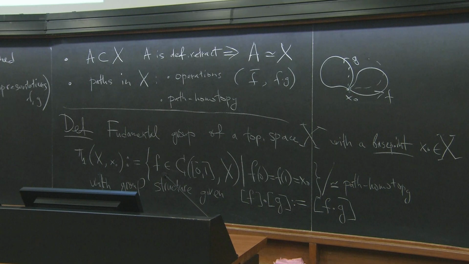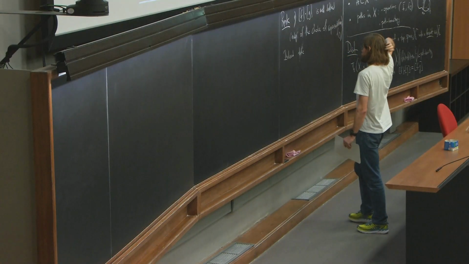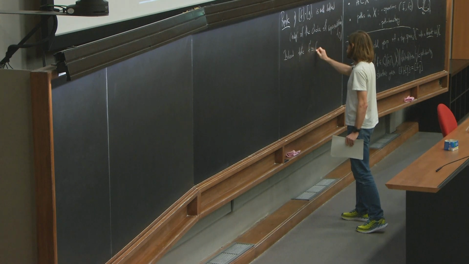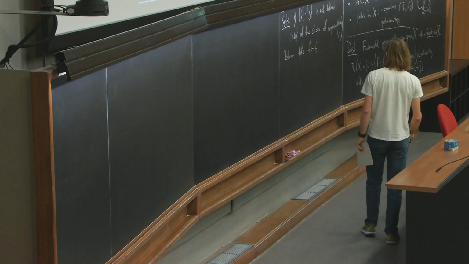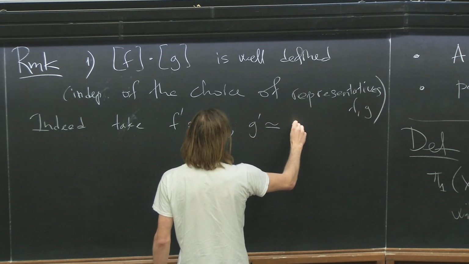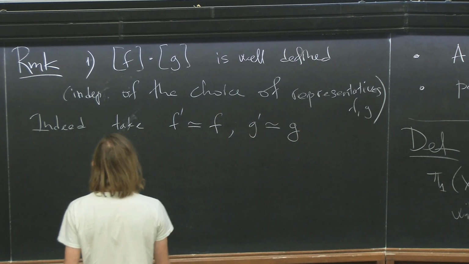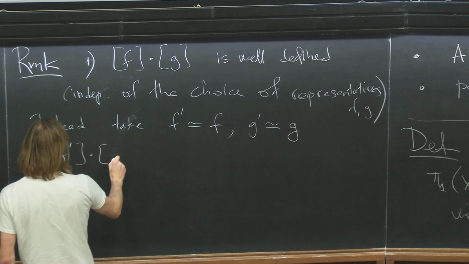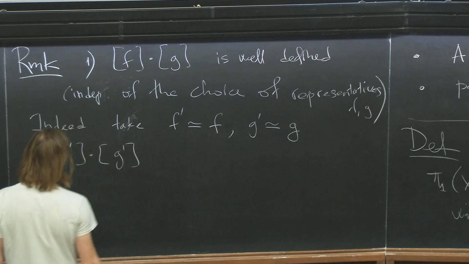So how do we check this? Let's take a different pair of representatives. We take another path F prime, which is path homotopic to F, and G prime, which is path homotopic to G. Let's check that if we use these representatives, the result will be the same.